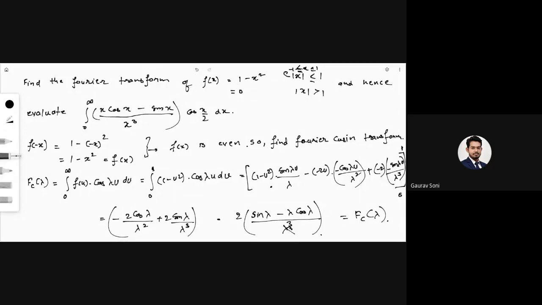Now what they are saying is to evaluate this. If you compare this and this equation, what we observe is that in the equation that we have to find, if you replace x by lambda, you get this Fc of lambda. So this sounds like the Fourier cosine integral representation. Since there is one more term, it is cos x by 2.